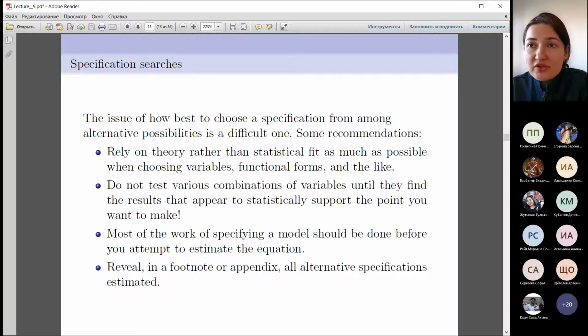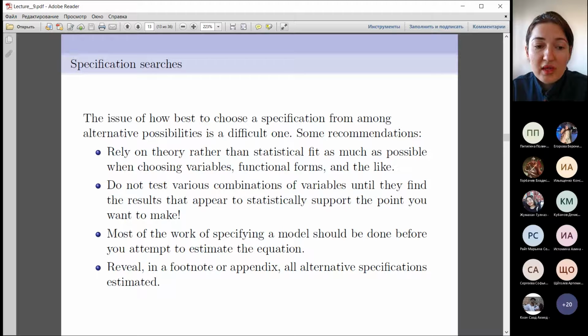Of course, after you run some regression analysis, you can correct your models. You, for example, can run different tests, and after this test you can correct and add maybe other variables, or you can choose the functional forms, but anyway, the basic model should be constructed and should be written down before you start working with your analysis.